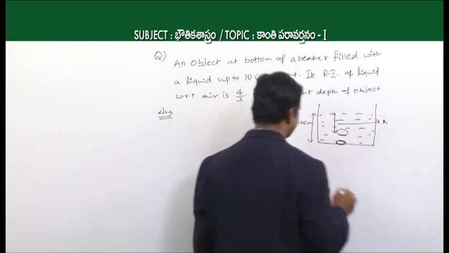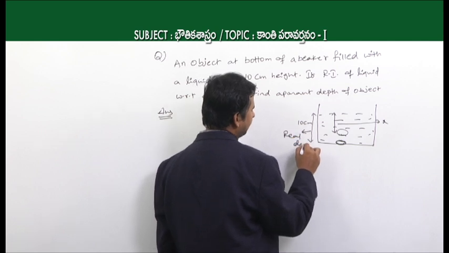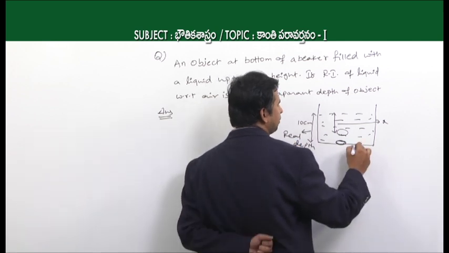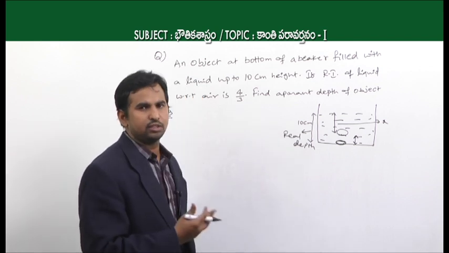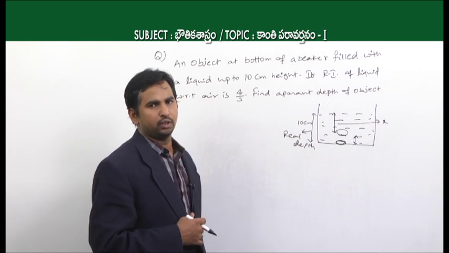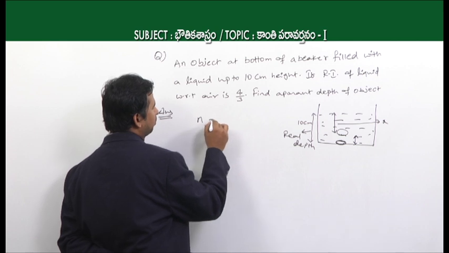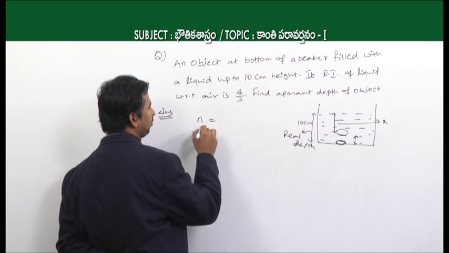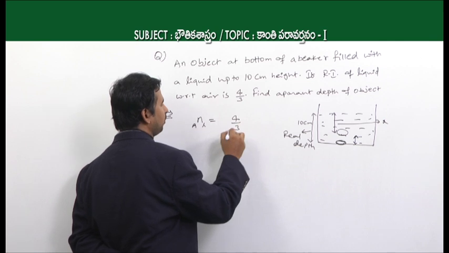Let it be x, and this 10 centimeters is called the real depth. This is the apparent depth and this is the real depth, and this is the height by which the coin appears to be raised. There is a change in the vertical position of the coin. Now we are finding that x value. According to the refractive index, n, the liquid with respect to the air is given as 4/3.